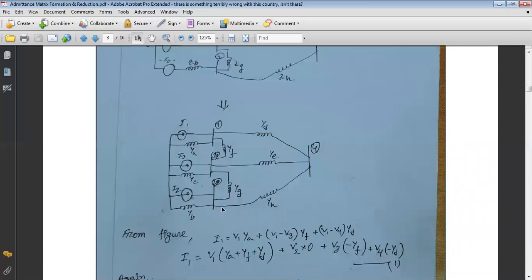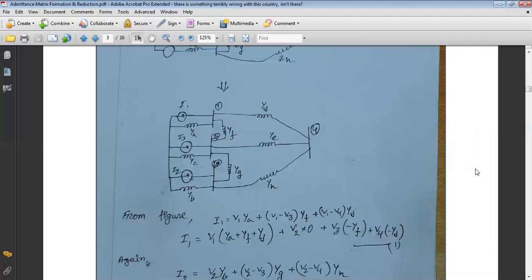Without this method, calculating the power flow equation of a power system would be a very difficult approach, because here you see this particular bus is connected with 2 or 3 other buses. So this is an interconnected system.